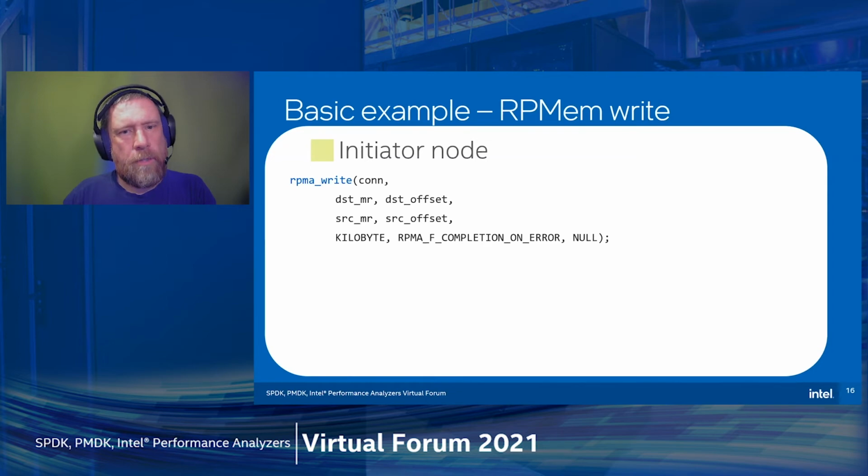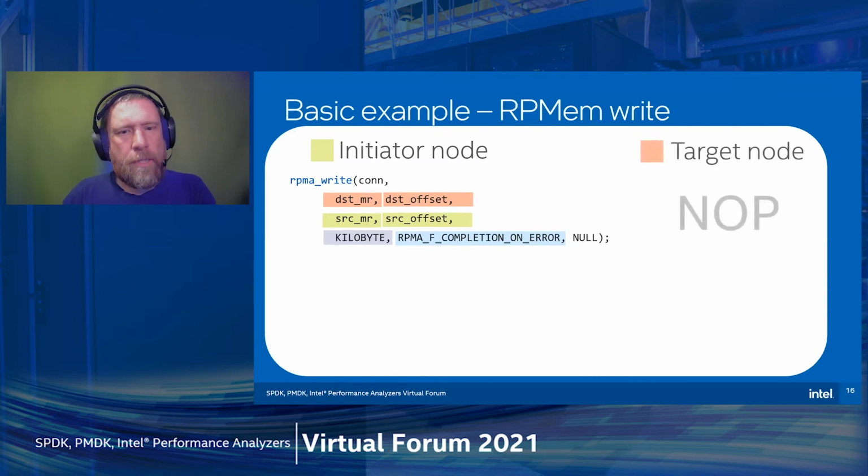You must provide two memory registrations, source and destination, for the operation. For each of the provided memory registrations, you can independently set an offset from which the operation will start. For the operation, you have to show how many bytes will be transferred and where you expect a completion from the operation. In this case, I prefer a completion to appear only in the error case.